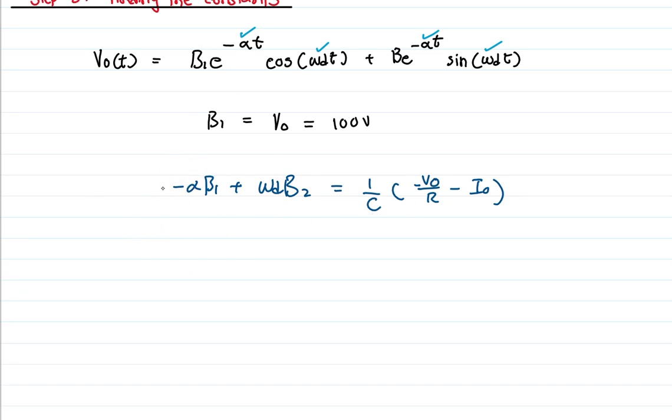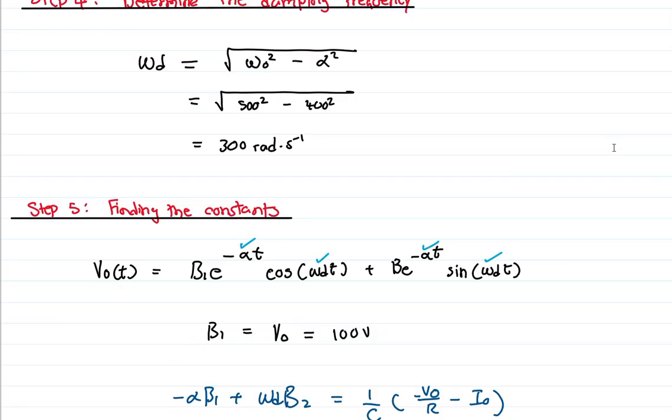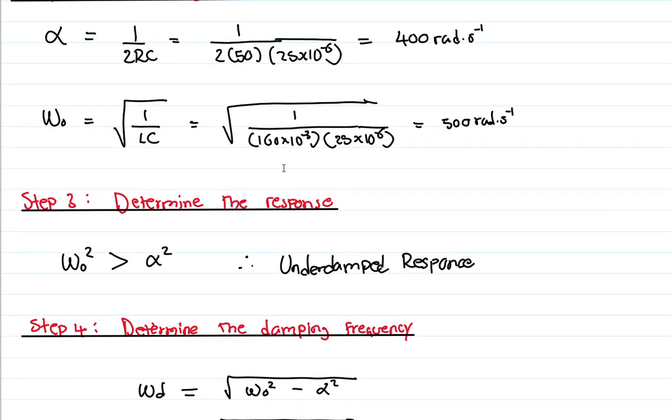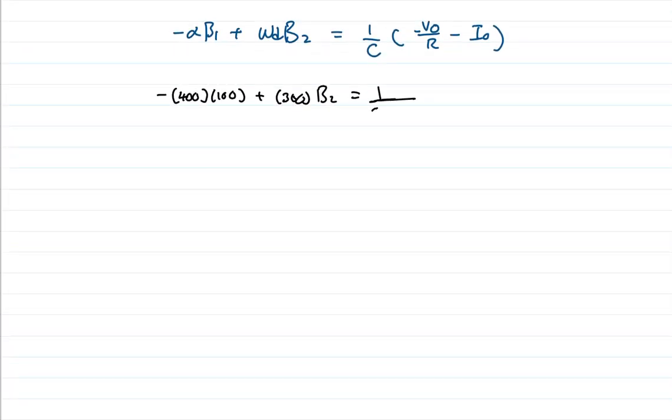The Neper frequency is minus 400, and B1 is 100, plus WD, which is 300, times B2, which we don't know, equals 1 over the capacitance, which is 25 times 10 to the power of negative 6, multiplied by the initial voltage, minus 100, divided by the resistance, which is 50, minus the initial current, which is 5.